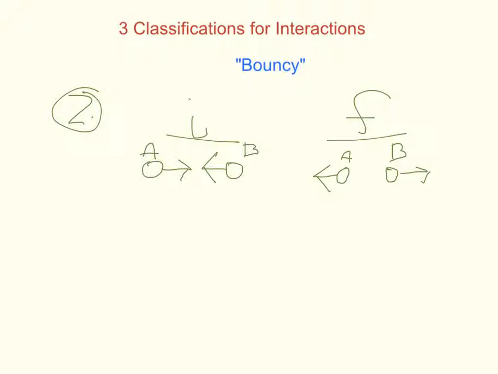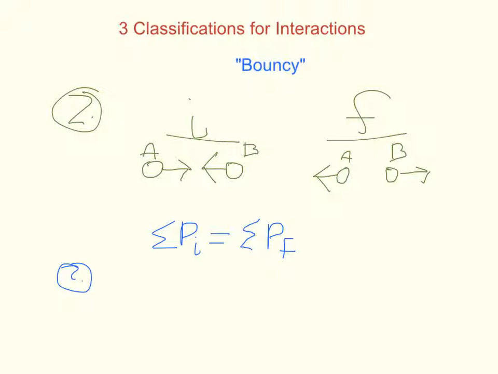What would conservation of momentum look like for such an interaction? Okay, so to start off, again, my momentum for my entire system before the interaction will be equal to the entire momentum of my system after the interaction.